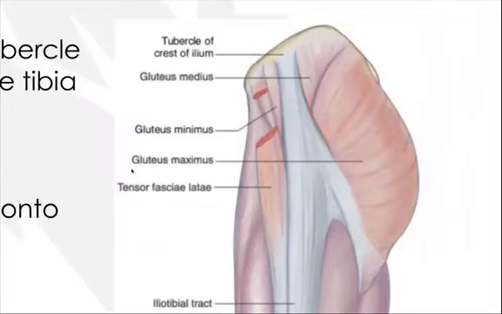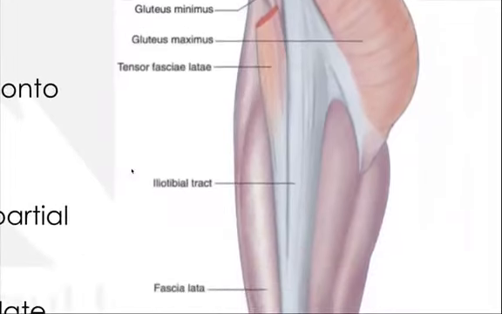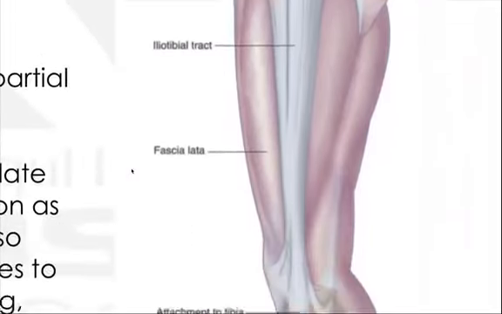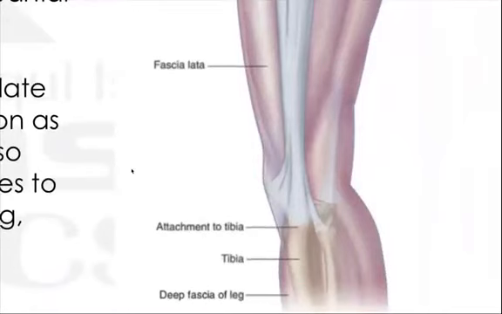And below, it will be attaching with the lateral condyle of the tibia, over where there is a tubercle known as Gerdy's tubercle. It is attaching over that area.